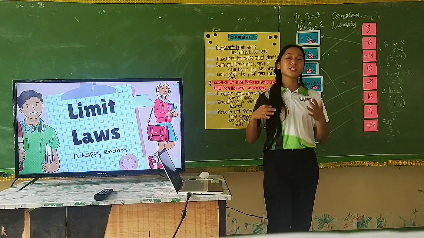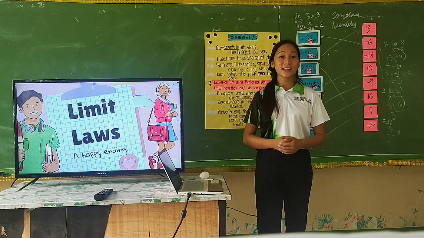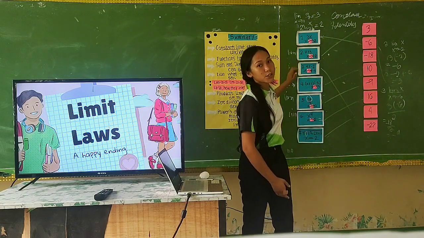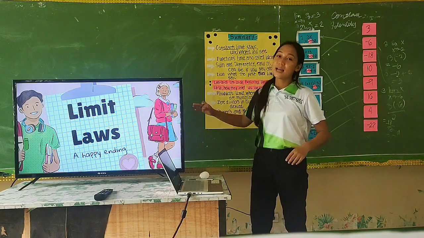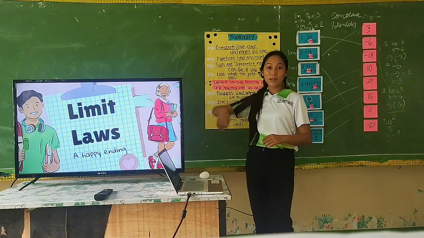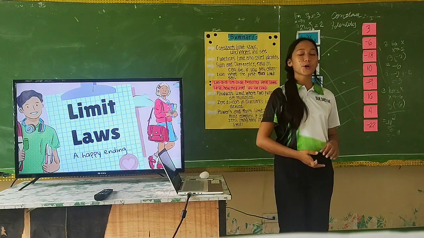Okay, so your instruction is, if it's your group's turn, you will line up here horizontally facing the board. So I will write your instructions here, and then each member of the group will contribute. So one step at a time, evaluate until you reach your final answer.